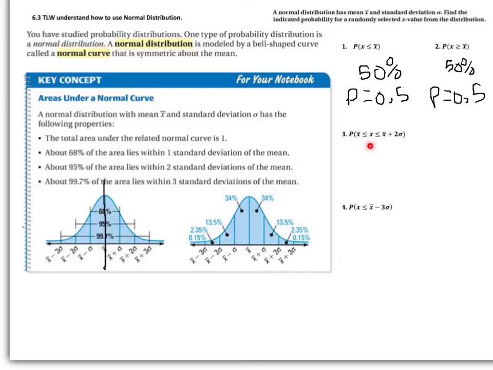They want it to be between the mean and 2 standard deviations. So if you look, we want to be from here to here. So we have 34 plus 13.5, which is 47.5.